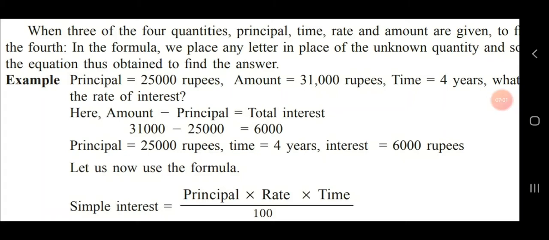Next question is, when 4 of the quantities, principal, time, rate and amount, are given, to find the formula. In the general formula, we have to place any letter in place of the unknown quantity and we can find the value. Here in this example, principal is given as 25,000 rupees, amount is 31,000 rupees, time period is 4 years, and what will be the rate of interest is asked.